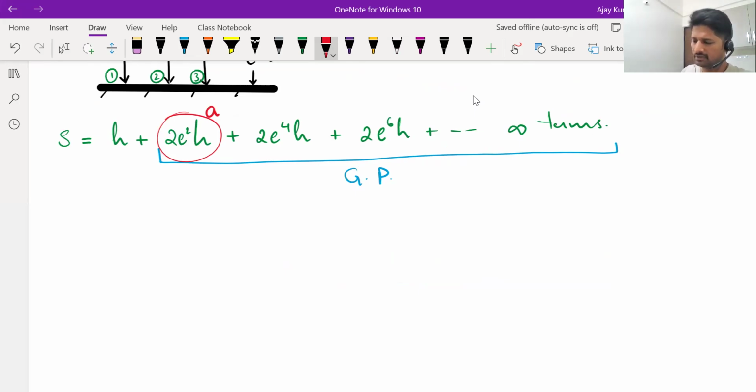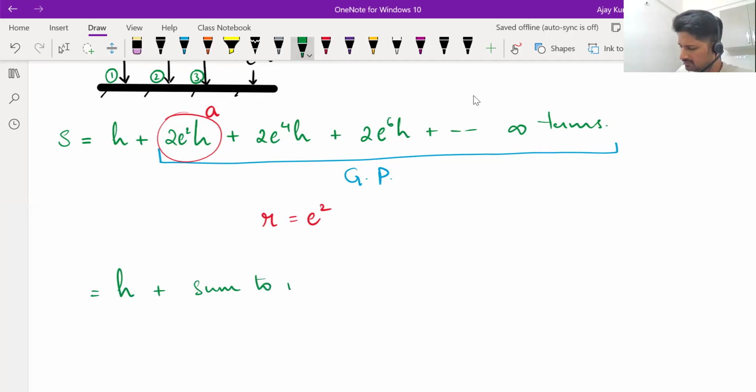So you can say it's a geometric progression with first term a and common ratio e square. From term to term, whatever is getting multiplied is what you call the common ratio. Fine. So basically, the total distance traveled by the ball becomes the first height from which it drops, and then the sum to infinite terms of this GP.